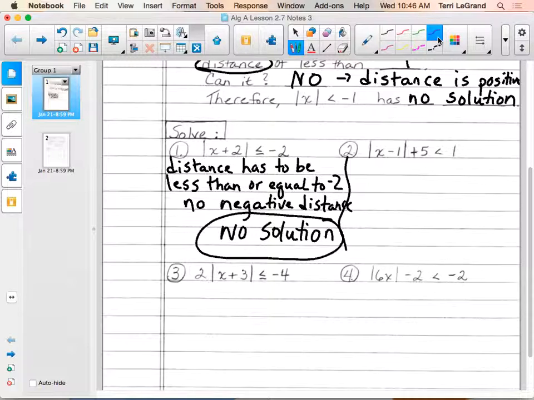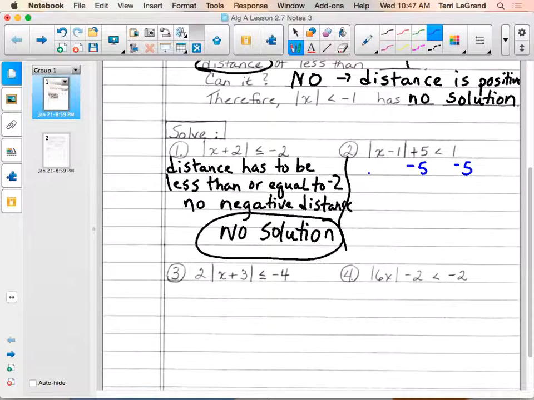Do you have to do some getting rid of subtraction or addition or multiplication or division to get the absolute value expression by itself? Yeah, we have to subtract 5. We don't have that by itself yet. So we don't make any decisions about how to solve this until we do that.